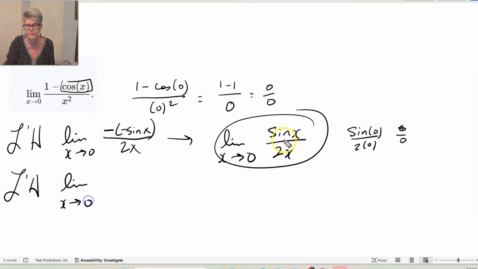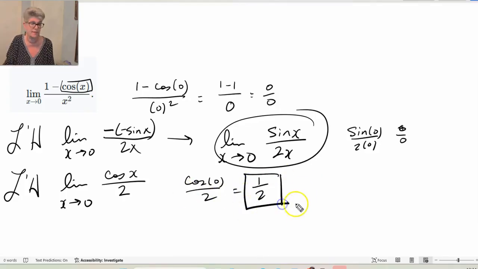The derivative of sine x is cosine x, and the derivative of 2x is 2. And if I plug in 0, I'm going to have 1/2, and that's my answer.